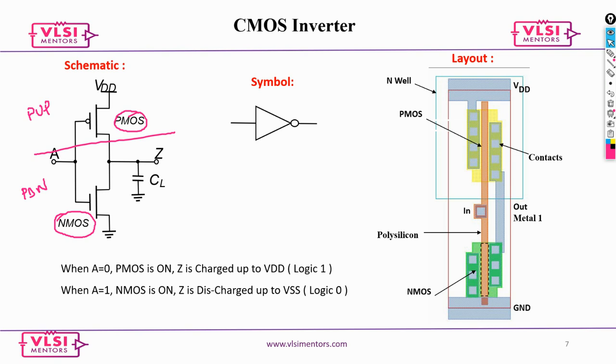Strong one. So that gives a strong one always. As I said, for digital circuits we always prefer strong one and strong zero.